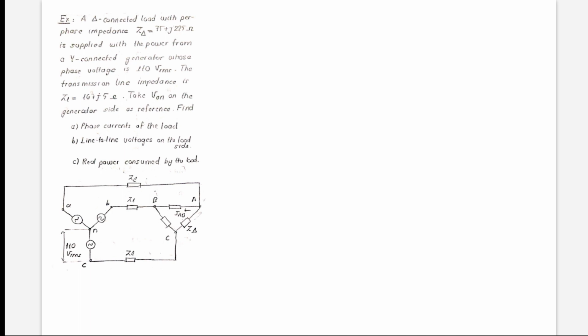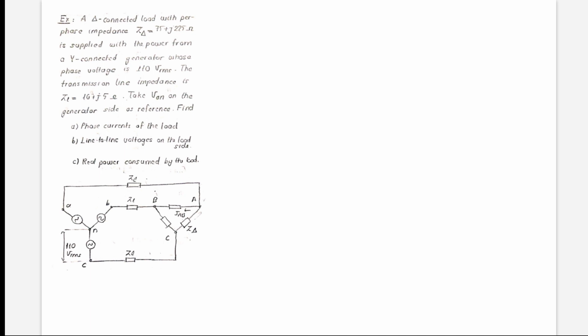The transmission line impedance is 10 plus j5 ohms, and it says to take VAN on the generator side as reference. Find the phase currents of the load, the line-to-line voltages on the load side, and also the real power consumed by the load. So this is a typical example.